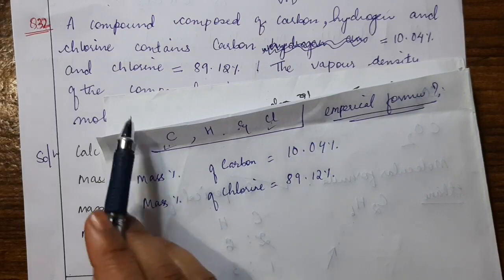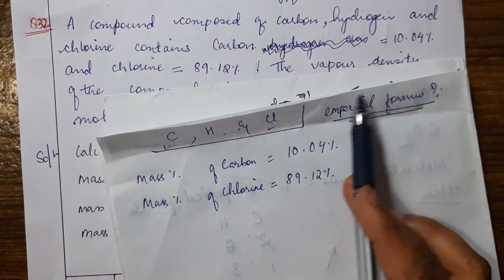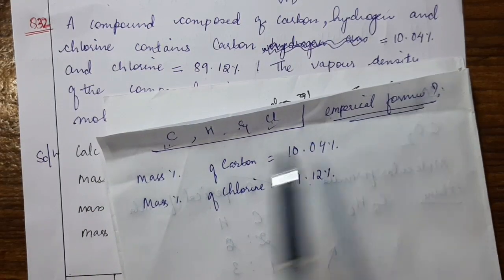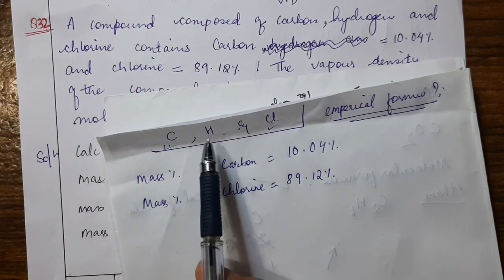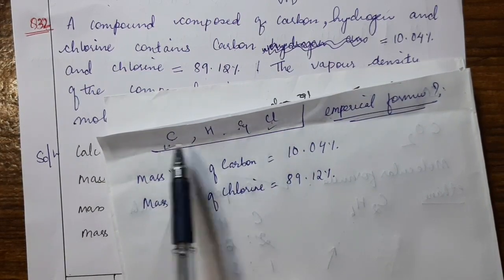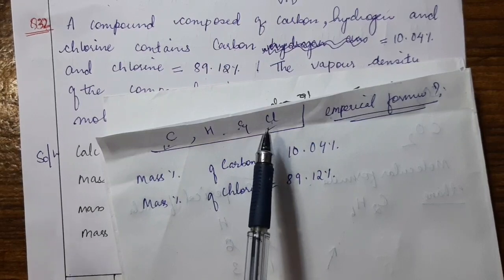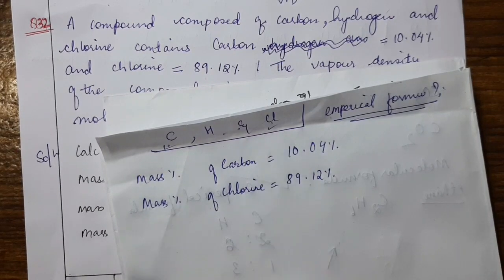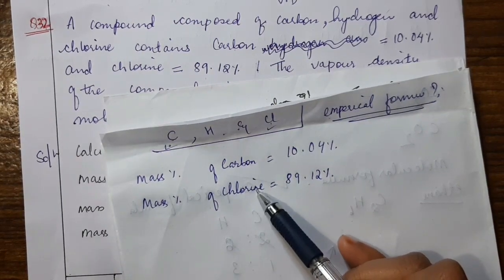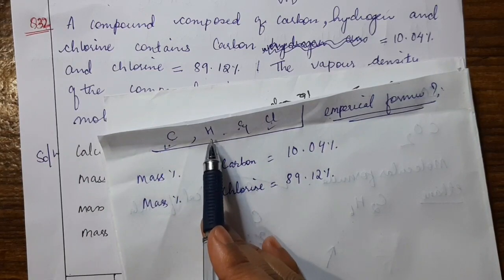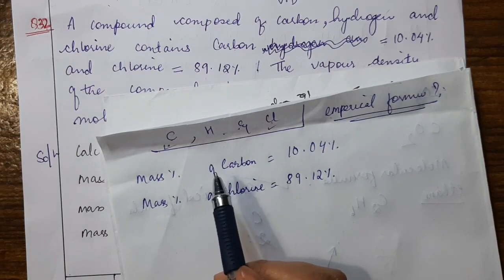Now, in order to find the empirical formula, we need to know the mass percent of all the elements, carbon, hydrogen, and chlorine, present in that compound. We are given for carbon and chlorine. We are not given for the third one, that is hydrogen. We need to find it out by ourselves.